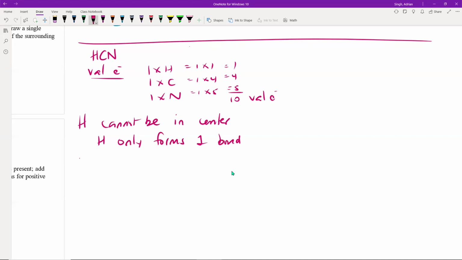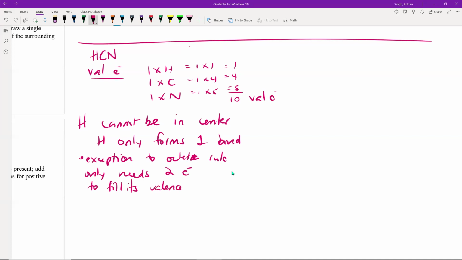It is an important exception to the octet rule, in that it only needs 2 electrons to be happy, or to fill its valence shell. So it's still following the whole keeping the valence shell filled thing to become more stable. In this case, the valence shell is the first shell, which can only accommodate 2 electrons.